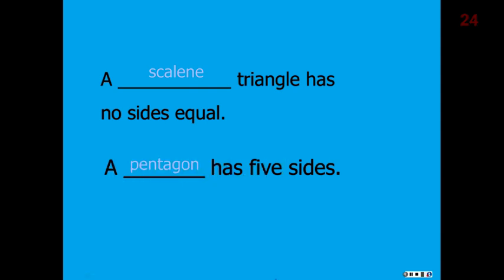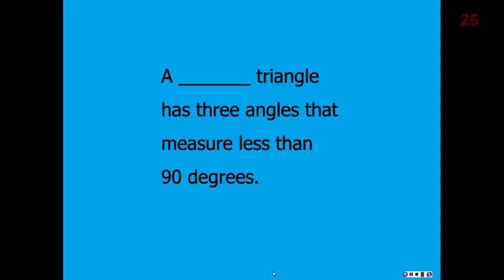A pentagon has 5 sides, just like the Pentagon in Washington, D.C. A blank triangle has three angles that measure less than 90 degrees. What's that called? Acute. So I told you an acute triangle has all of the angles measuring less than 90 degrees. This was in triangle theory, and if you weren't here, you probably didn't get it.